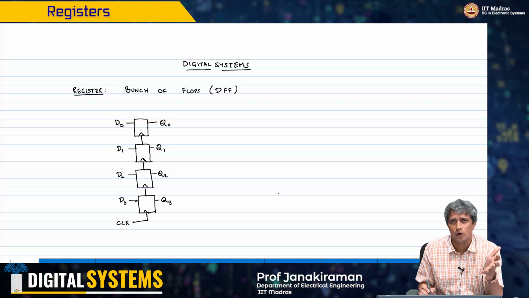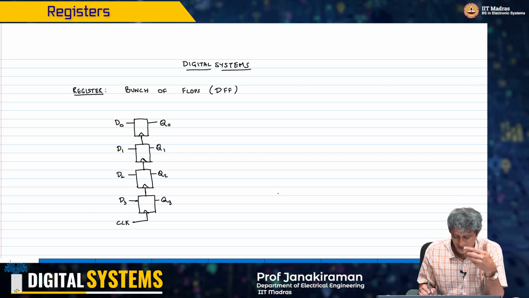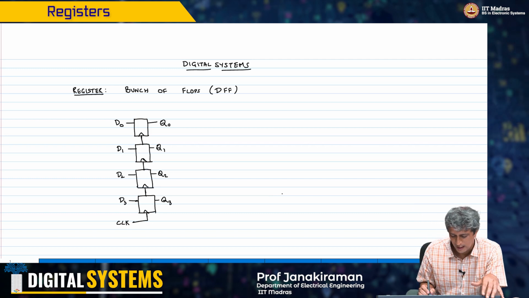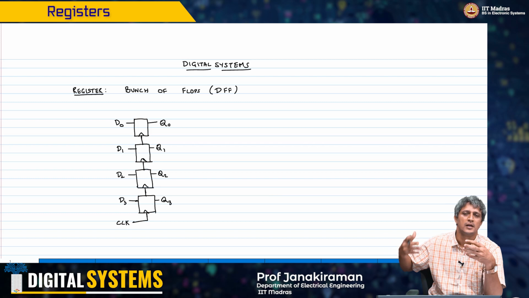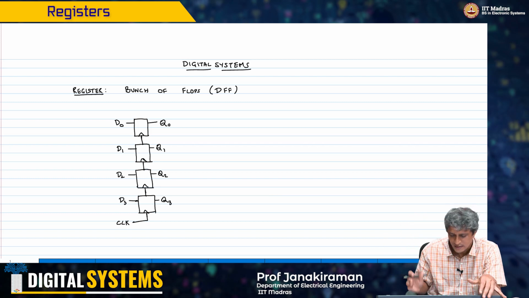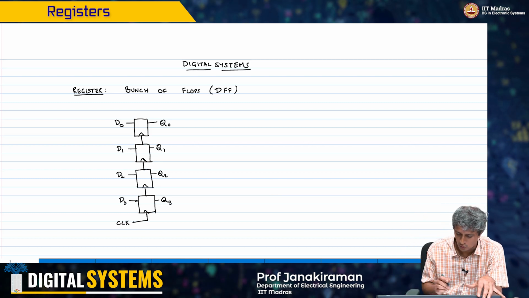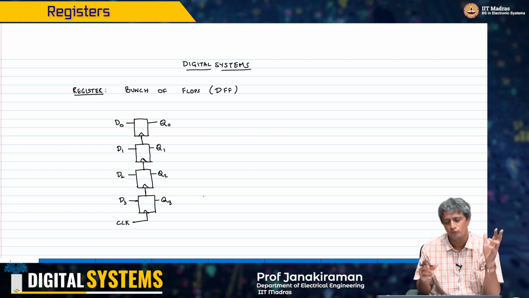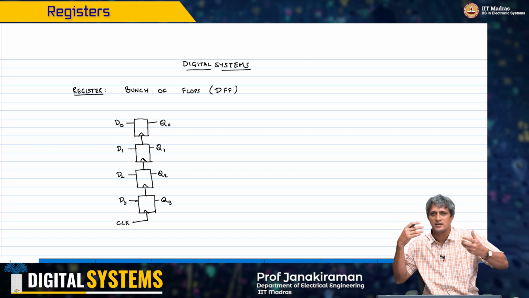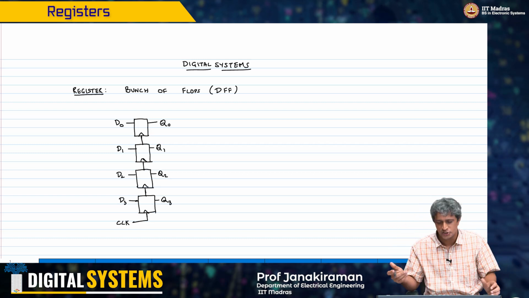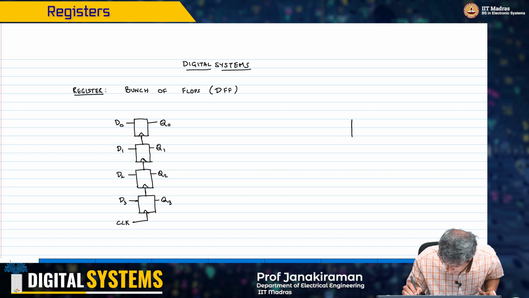So essentially this collection of flops allows us to do certain operations with it, right? And we'll see what operations they are, and we'll try to figure out how to implement various functionalities as needed, right? So this is, by the way, what you will even hear of in a microprocessor course. You will hear that there is a register A, there is a register B. So typically there is an ALU, like this.